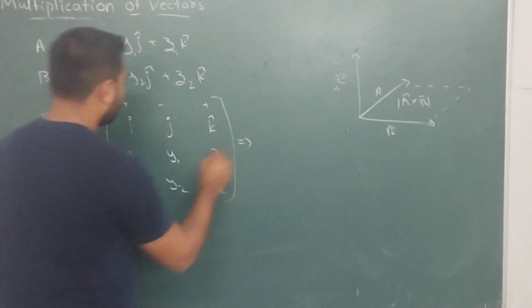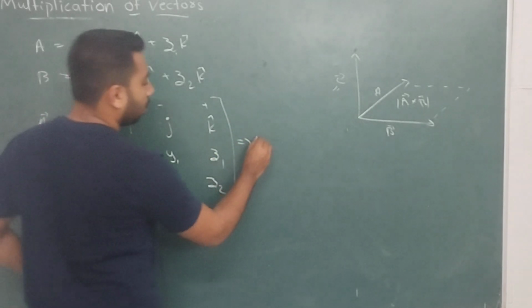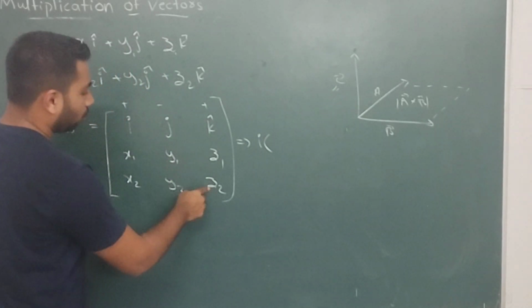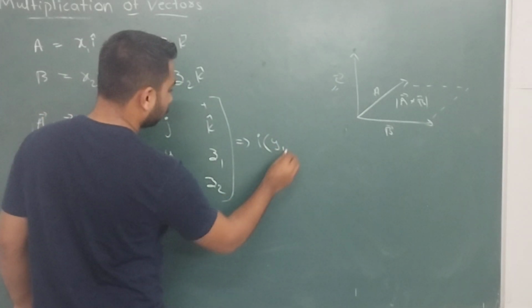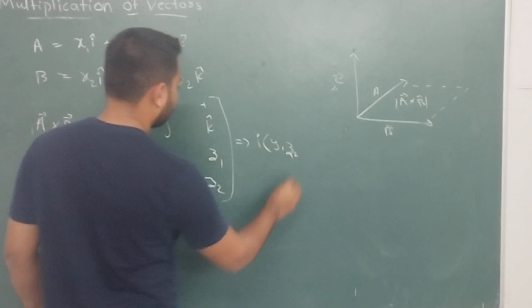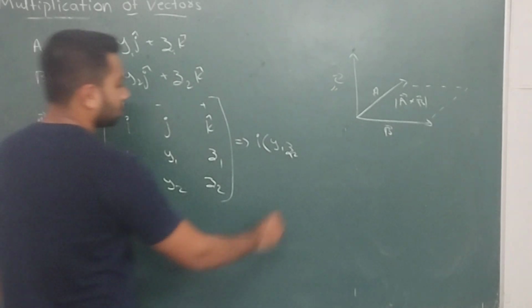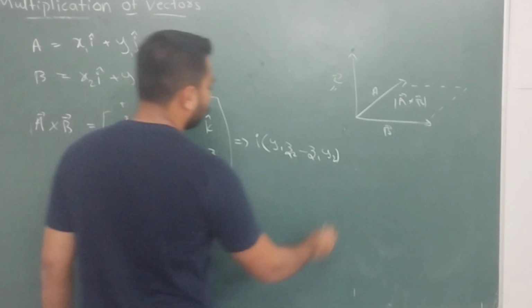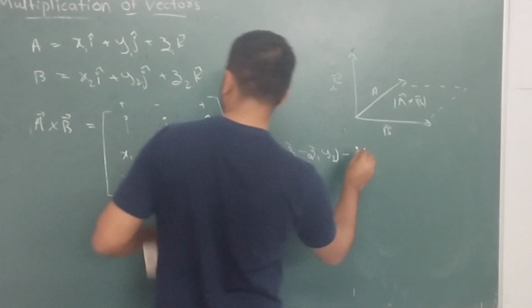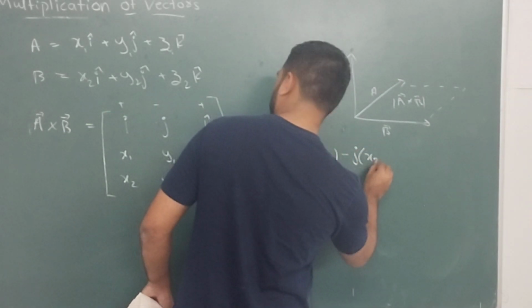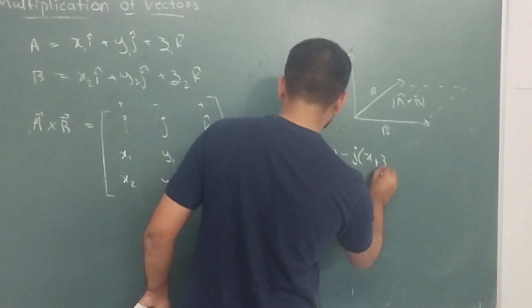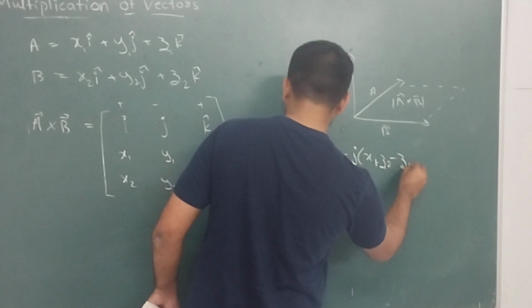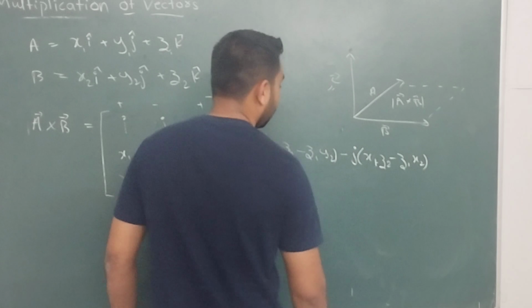Same. How same? First we keep i: i times y1 z2 minus z1 y2. Minus j times x1 z2 minus z1 x2.